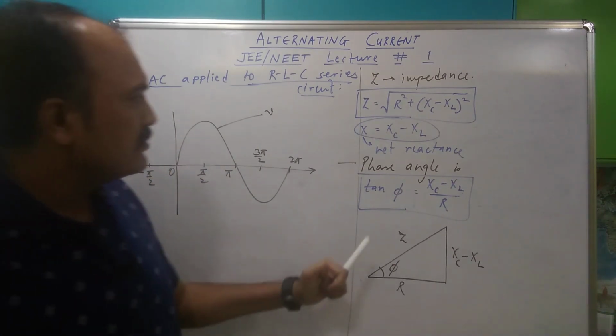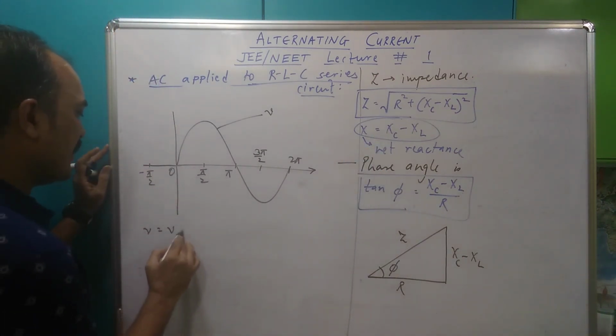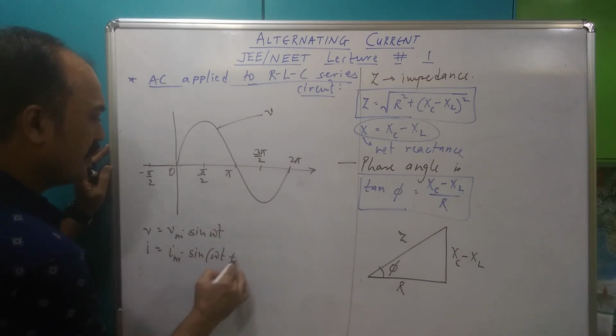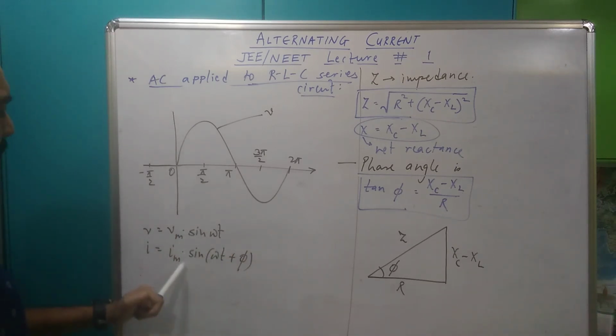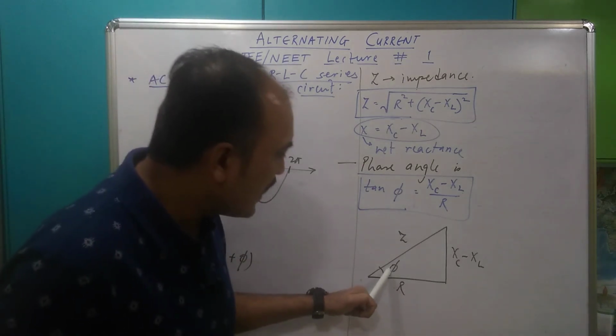Now, V equals Vm sine omega t, and current I was Im sine omega t plus phi, no doubt, and here you can see phi. The first thing to understand is that current is leading. By how much angle? Phi. Where do we find phi? Here is phi.